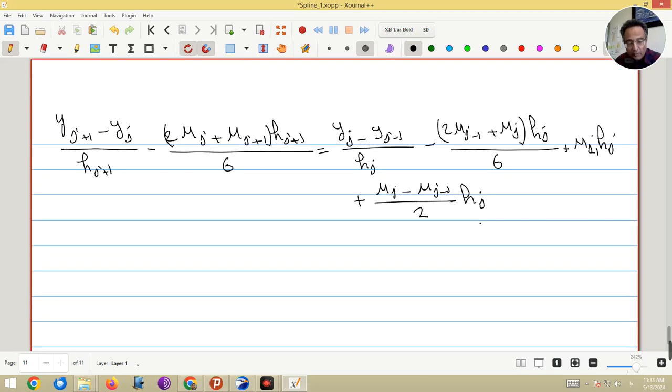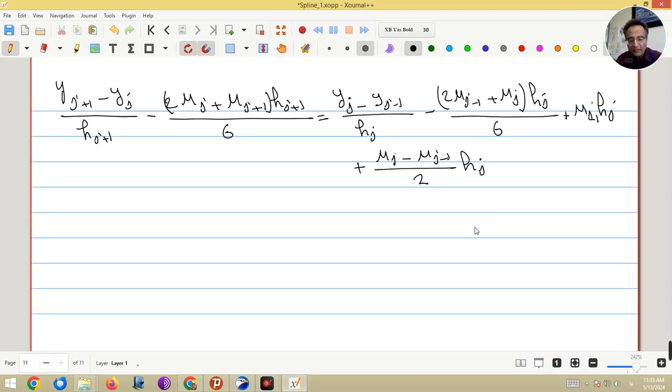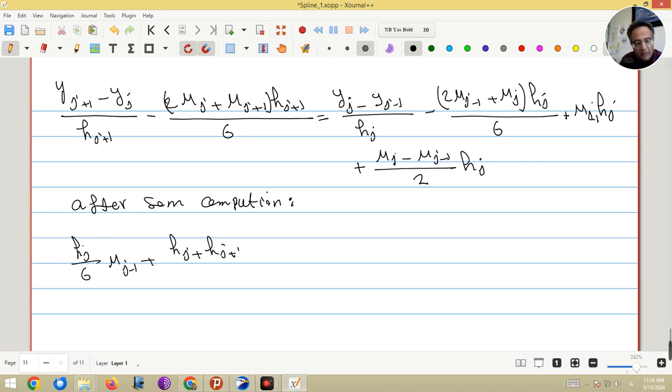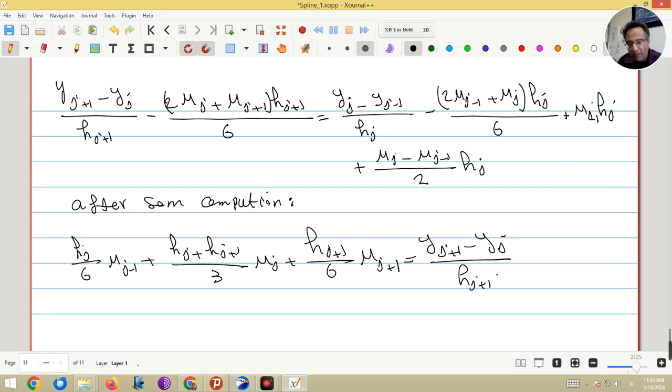Now, if you do some computation and change the place of these terms, after some computation, we will get hj over 6 mj minus 1 plus hj plus hj plus 1 over 3 mj plus hj plus 1 over 6 mj plus 1 equal to yj plus 1 minus yj over hj plus 1 minus yj minus yj minus 1 over hj.